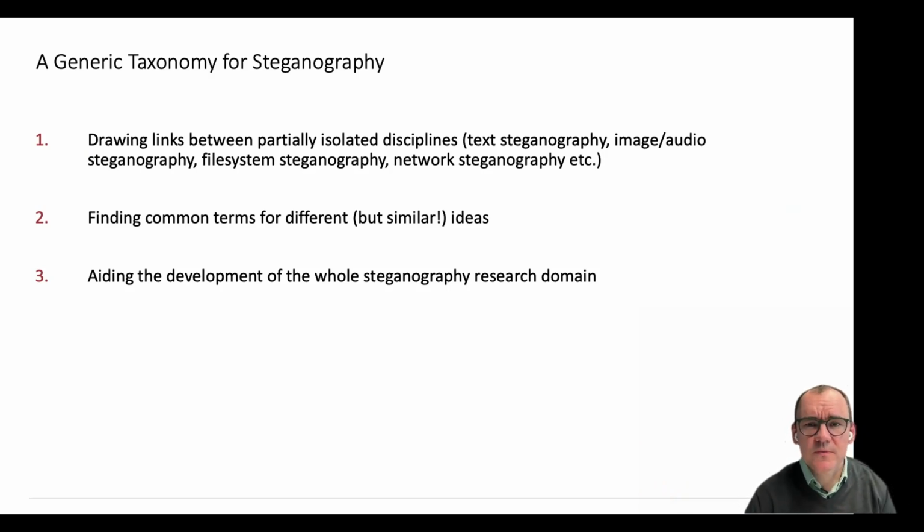So they could use the same term, or at least better understand what someone else is doing in a slightly different domain, and then benefit from each other, combining their ideas and research methodology. So we find common terms for this, and we want to aid the development of the whole steganography domain, including all the subdisciplines that it has.